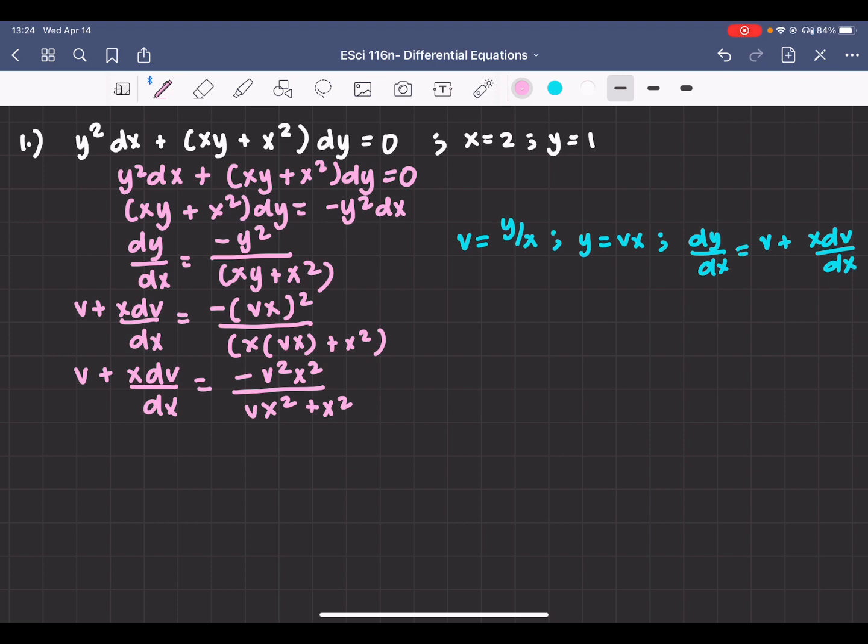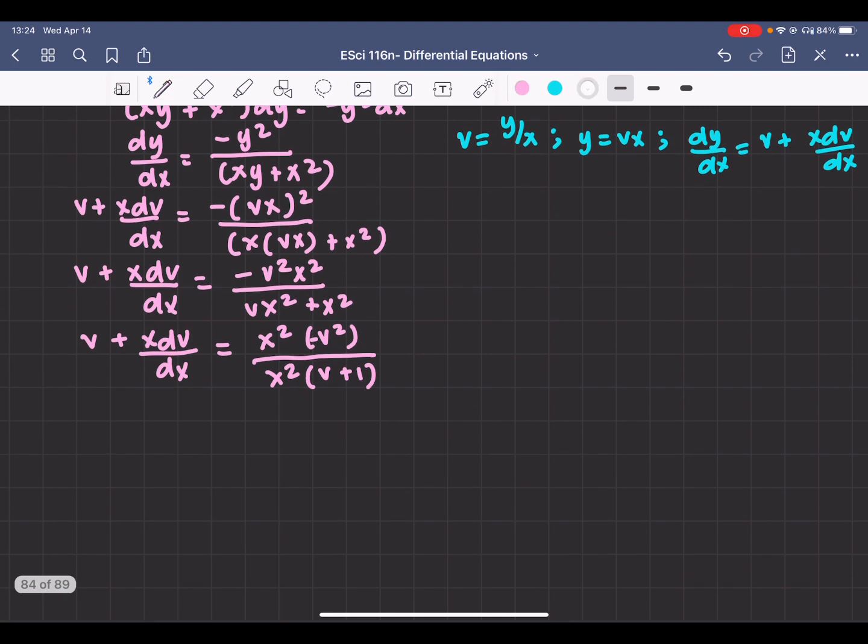Now we can simplify this by factoring out our x squared. So that's v plus x dv over dx is equal to x squared times negative v squared all over x squared times the quantity v plus 1.